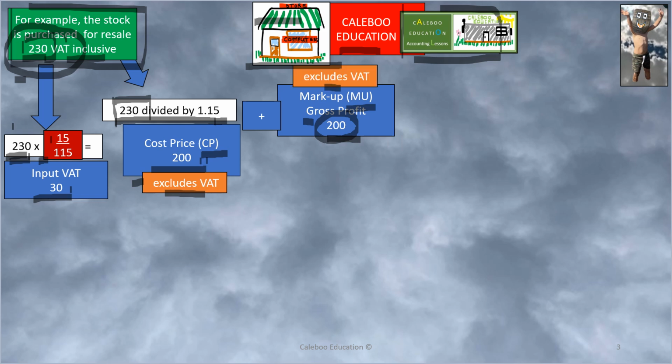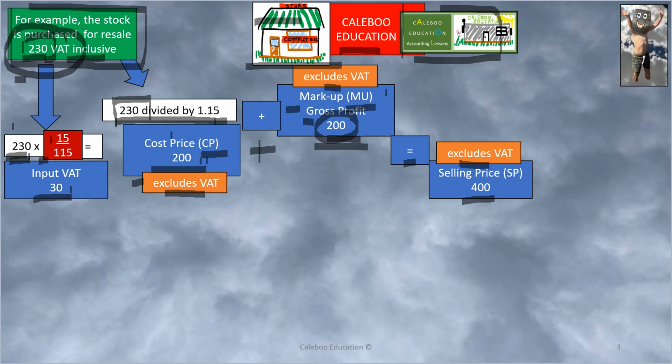And remember, this amount excludes VAT. Cost price and markup, when we do calculations, exclude VAT. And the cost price plus the markup is equal to the selling price, which excludes VAT. So 200 plus 200 is equal to 400.